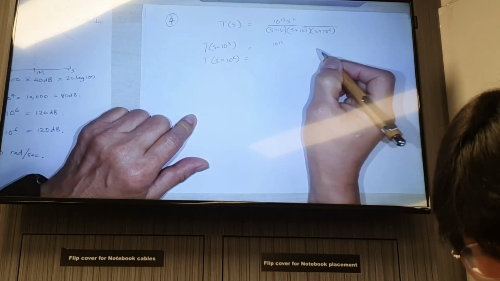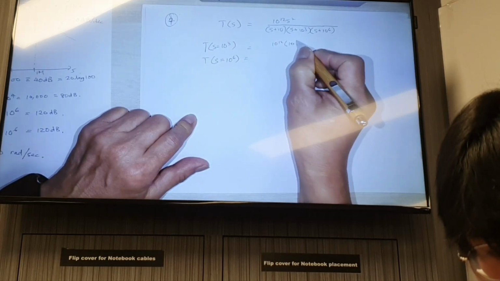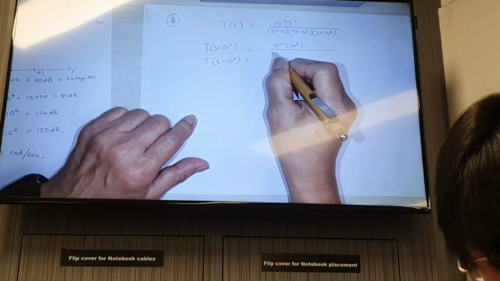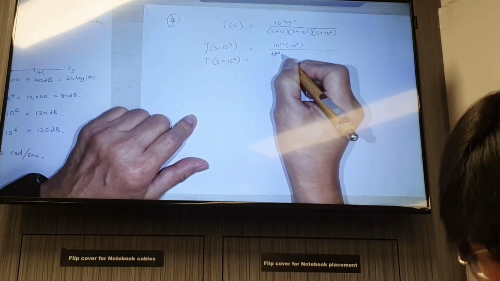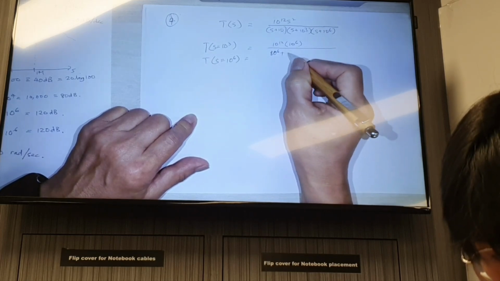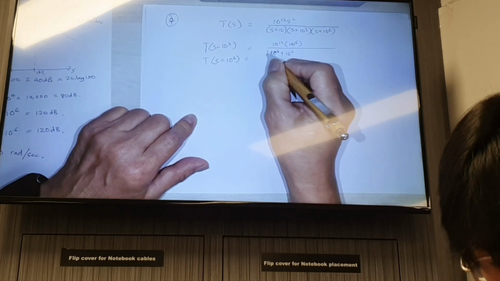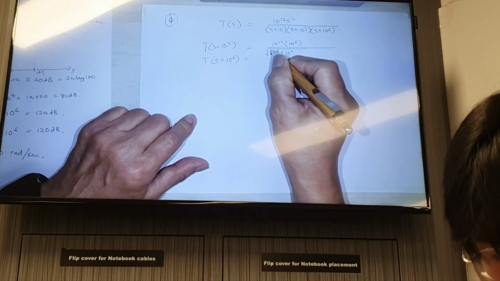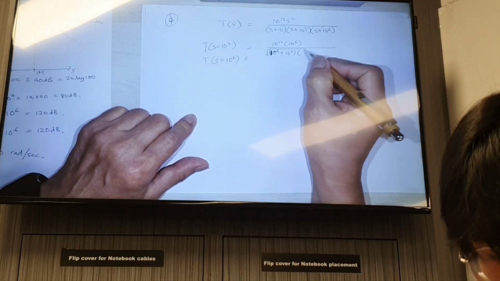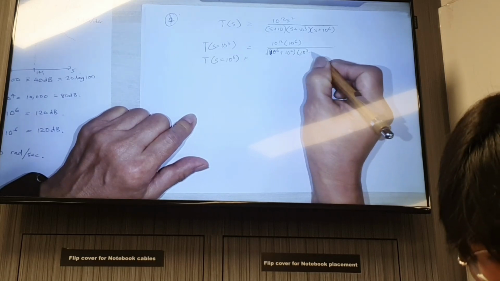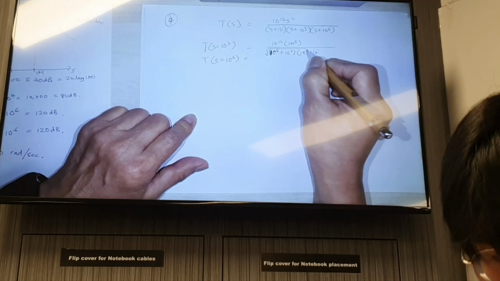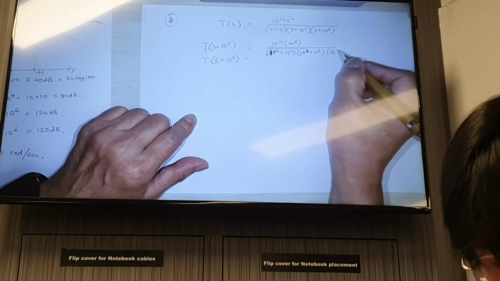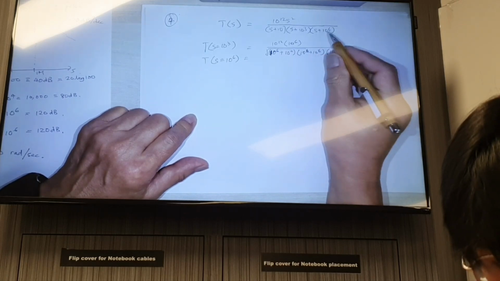This is 10 to the 12, this will be 10 to the 6, divided by S squared, which now becomes 10 to the 6 plus 10 squared, square root, square root of this as well, 6, and square root of this as well, S squared.